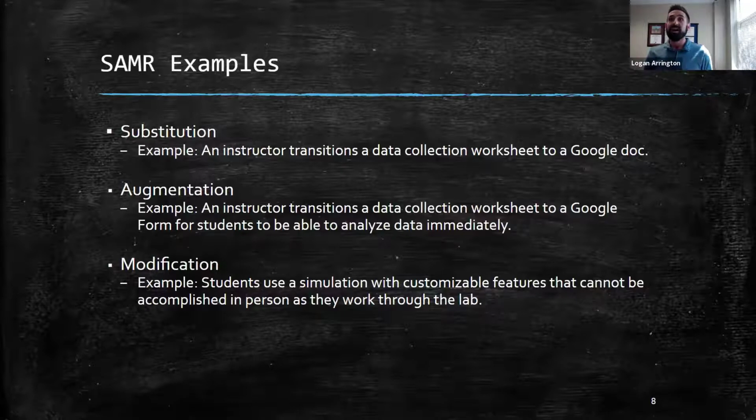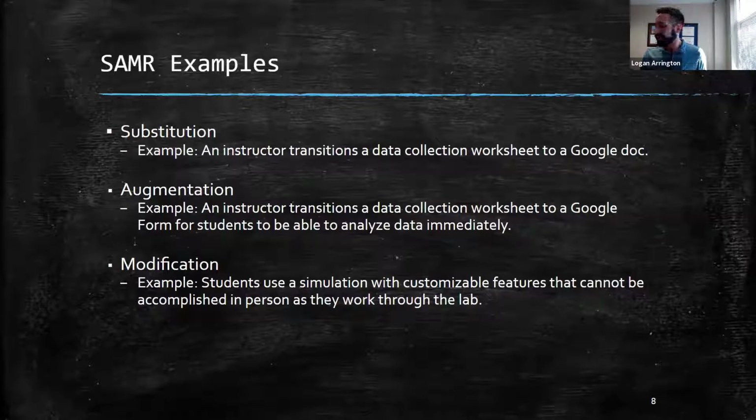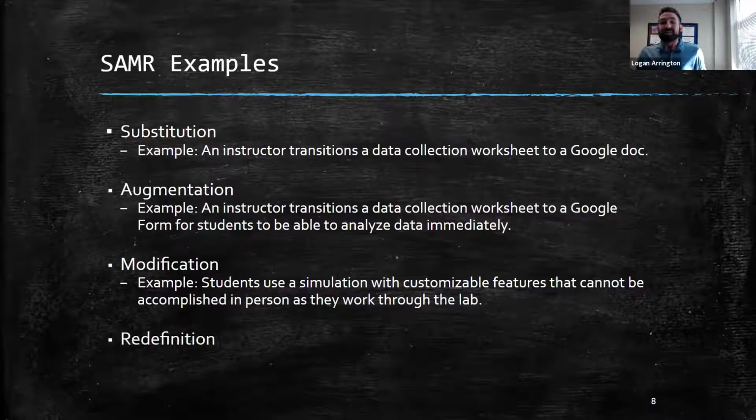They're going to have a simulation in this environment that allows them to tweak and play with variables that they couldn't do because of safety concerns in a real world environment. So this is a way that you have really changed the task, because they're able to modify and change these things that they usually cannot toy with, for lack of a better phrase.